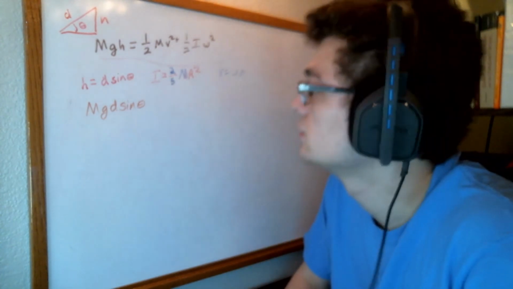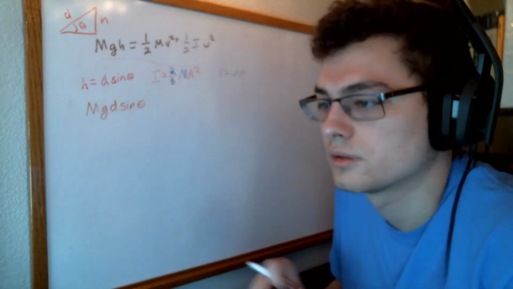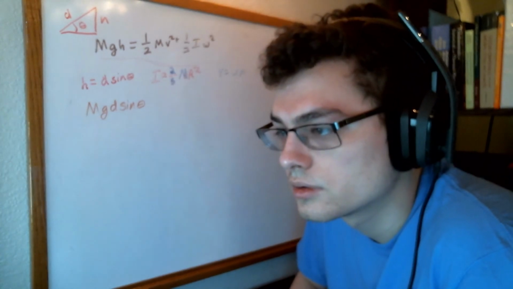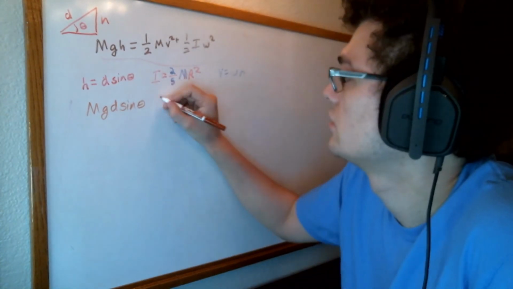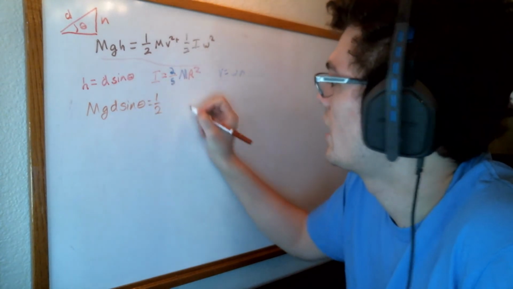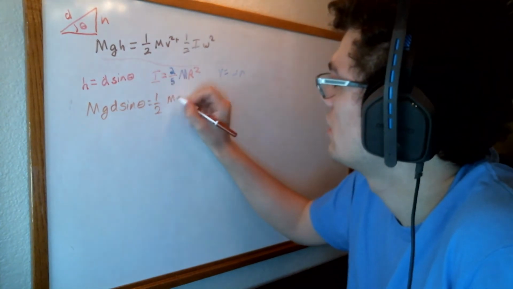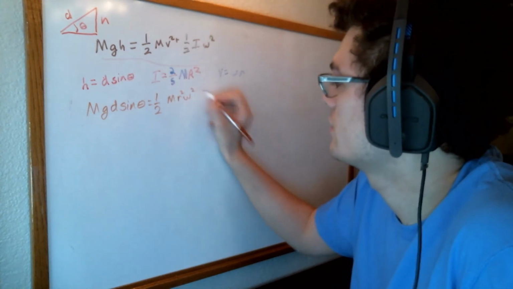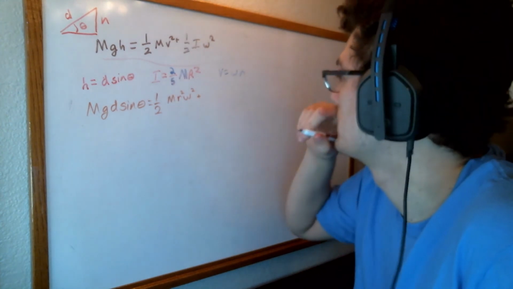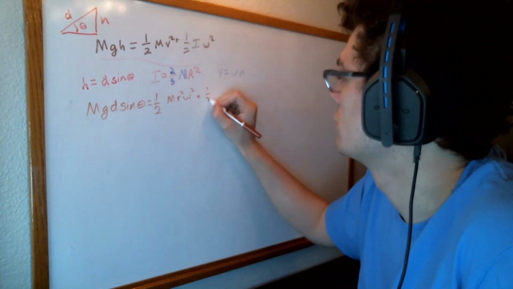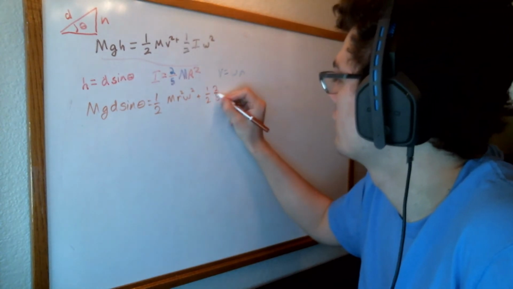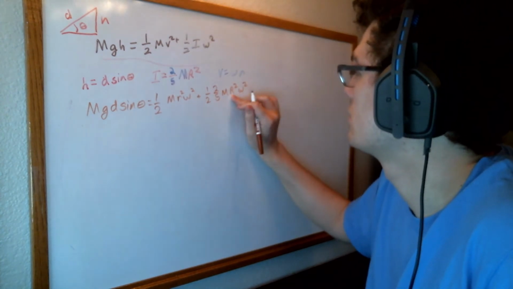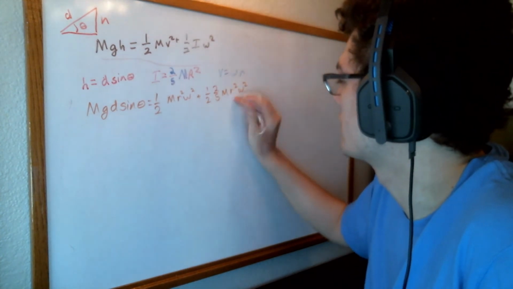And we'll have a couple things here, and this is equal to 1/2 m r squared omega squared plus 1/2 2/5 m r squared omega squared. We'll just make this a regular r.